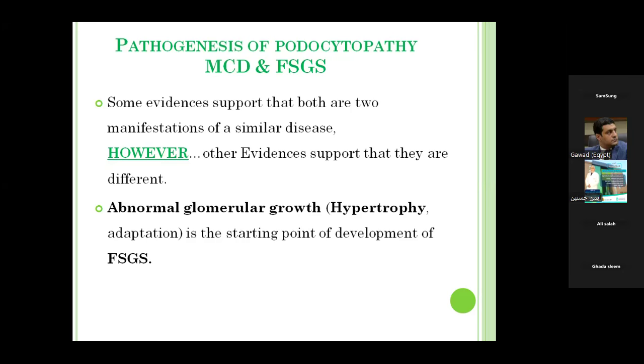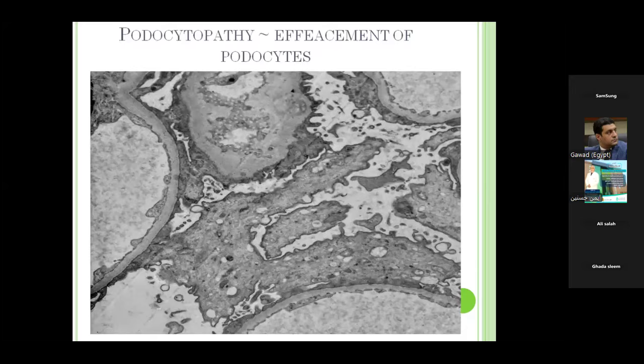Mainly, what we know till now is the abnormal glomerular growth and the adaptation of the glomerulus as a starting point for the development of focal segmental glomerulosclerosis.